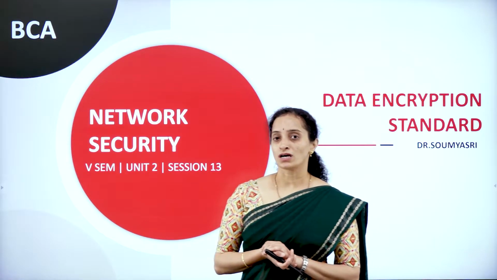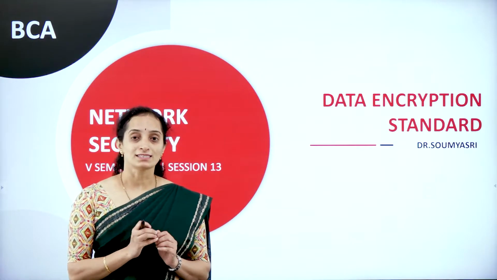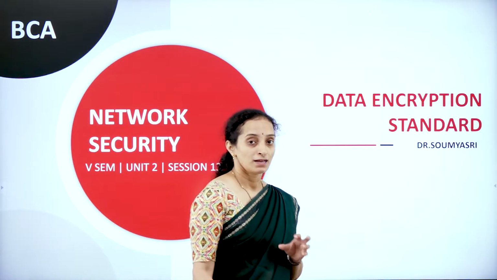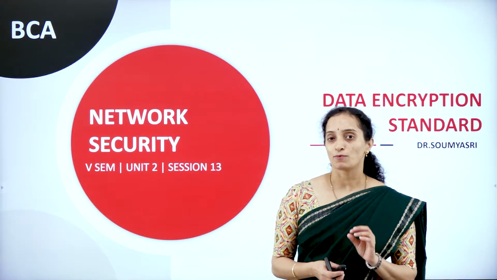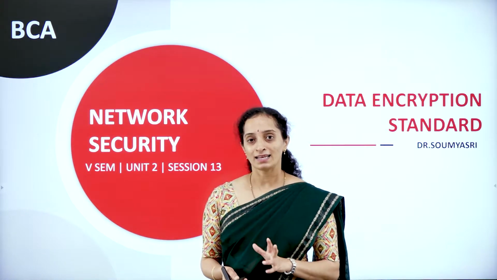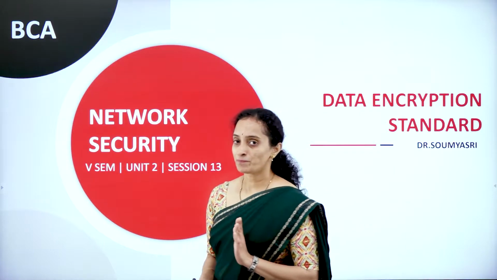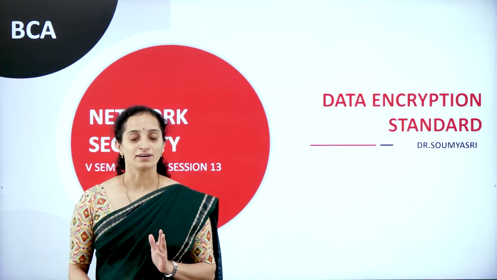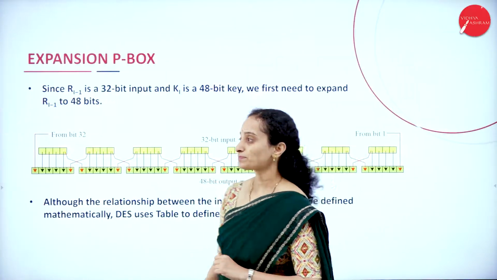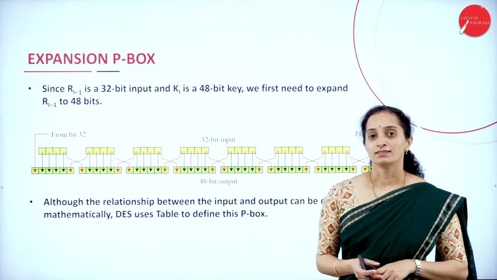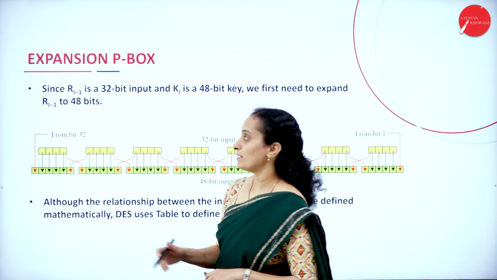Let's move on to study all these 3 boxes in detail, and how they generate the 32-bit cipher text. Here we have the expansion P box first.